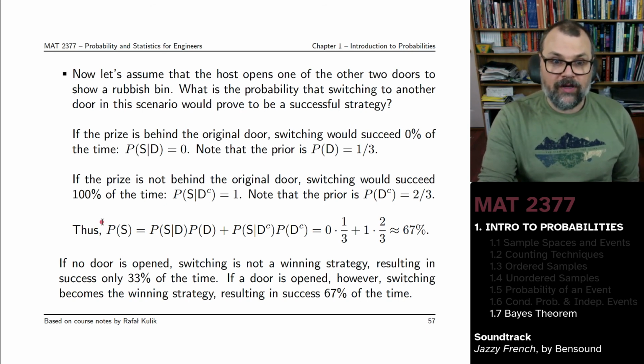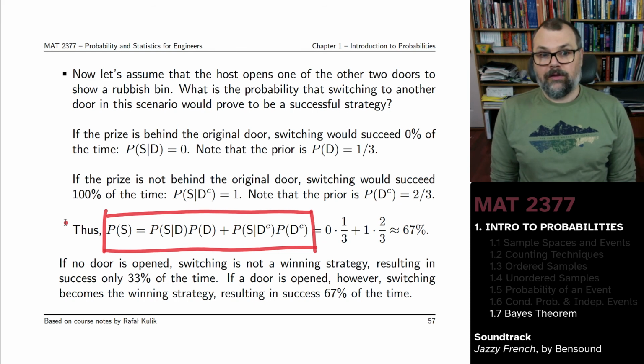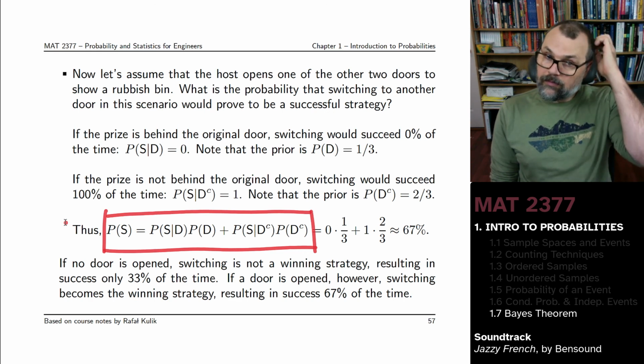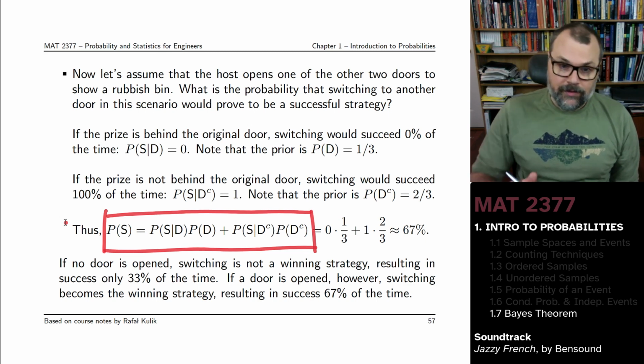You end up with then this bit, probability of switching. Well, we plug in the numbers. This is 0.